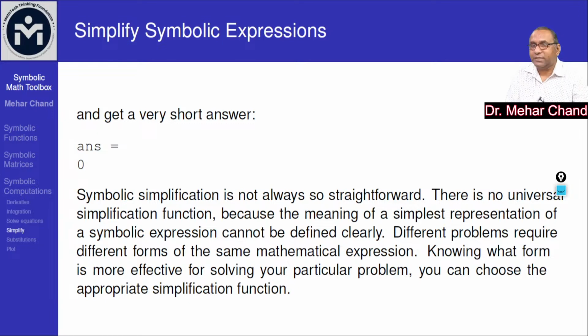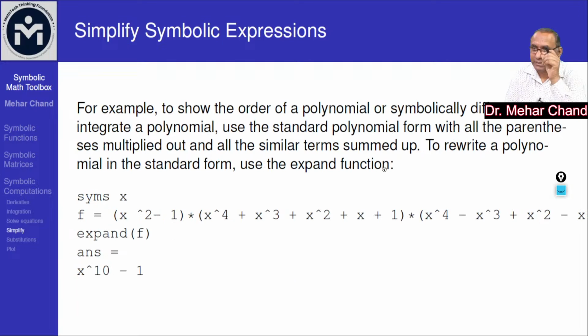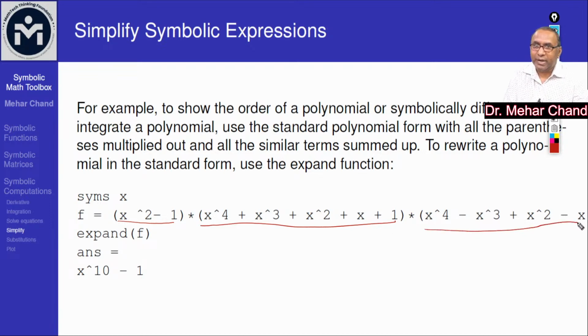Here are some more examples for the same. As you can see here, f is equal to this expression: x square, this is the one factor, x square minus 1. Then we have this expression, which is the polynomial of degree 4, x4 plus x cube plus x square plus x plus 1, and then we have this one and minus x.